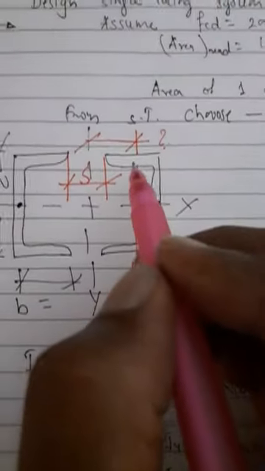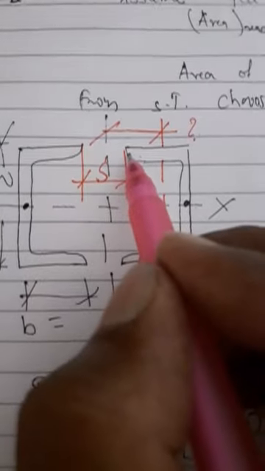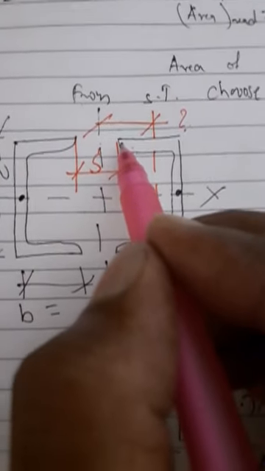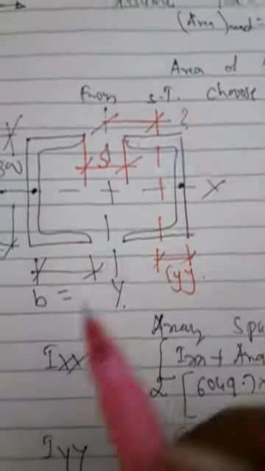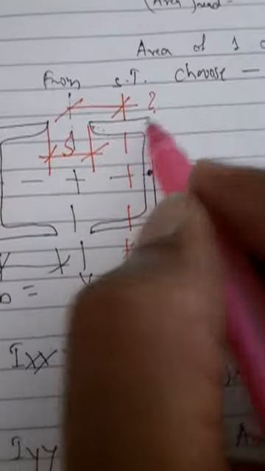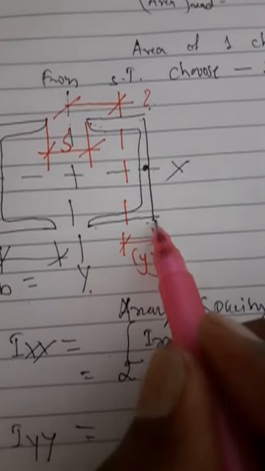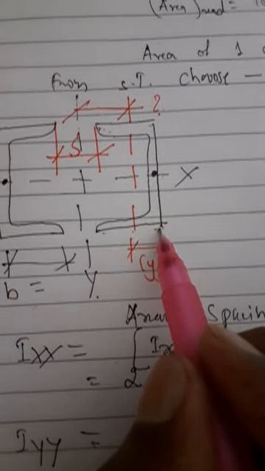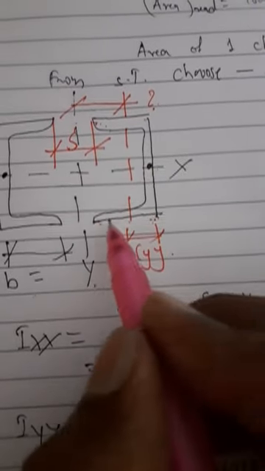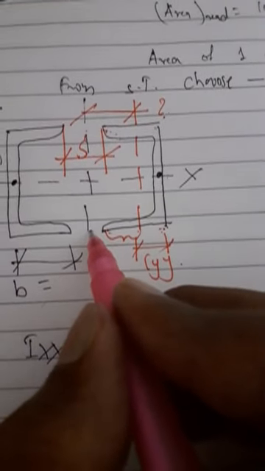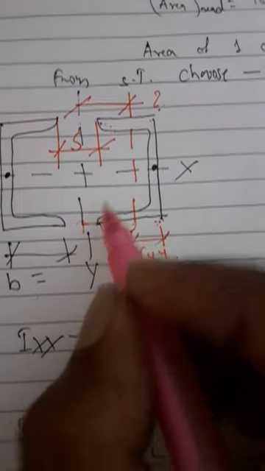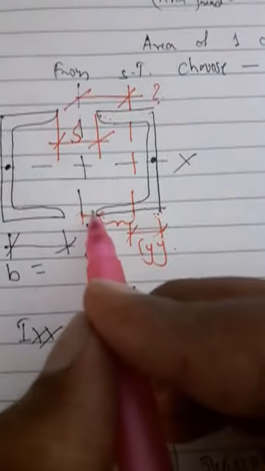And how do you get this distance? Already I know this distance is S from here to here, so this distance is S by 2. Now from here to here, this distance is B. B is 100. And this is CYY, whose value I already know. So B minus CYY gives me this distance, and this distance is S by 2.